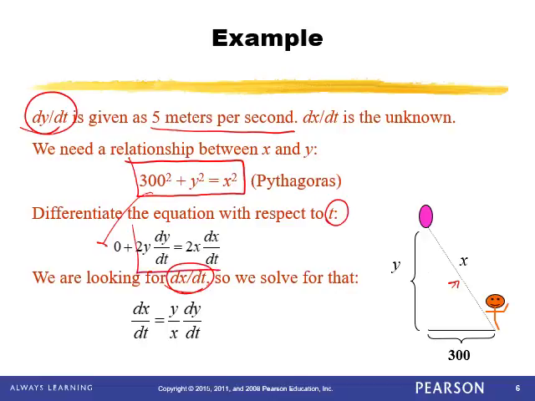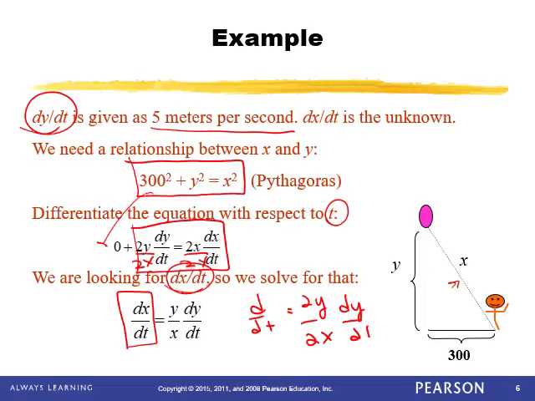But we are looking for dx/dt, so let's solve for that. So we're really just working with this right here. You can see we want to get dx/dt by itself. And so really all we have to do is divide both sides by 2x. This leaves us with dx/dt equal to 2y over 2x times dy/dt.